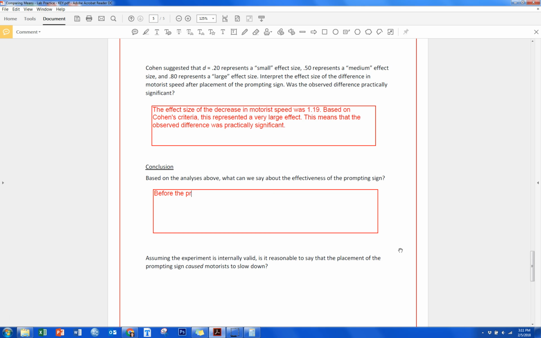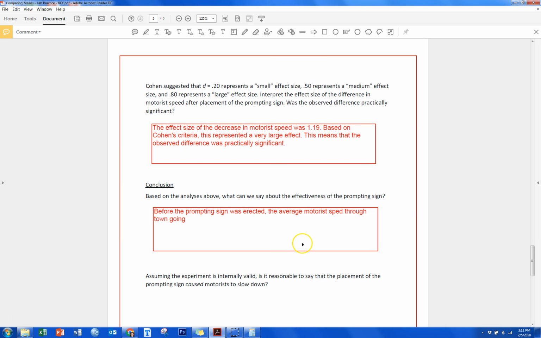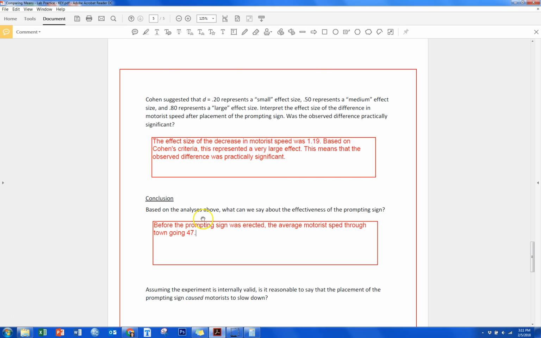So before the prompting sign was erected, the average motorist sped through town going, let's see here, 47.84 miles per hour, which was well over the speed limit.